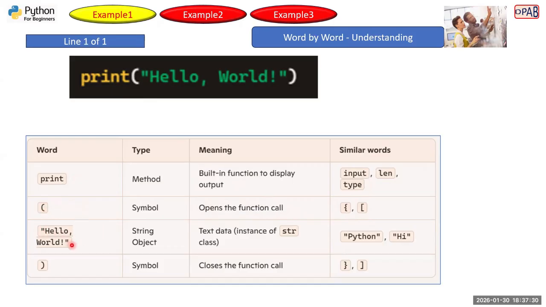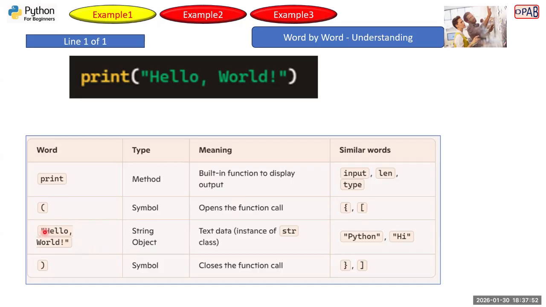Next, within double quotes, whatever you are typing will be called a string object. Okay, because within double quotes, whatever you type is called a string object. You can use single quotes also. Sometimes you will be using the apostrophe symbol, like my friend's phone, FRIEND, then apostrophe S. At that time, single quotes will be used.